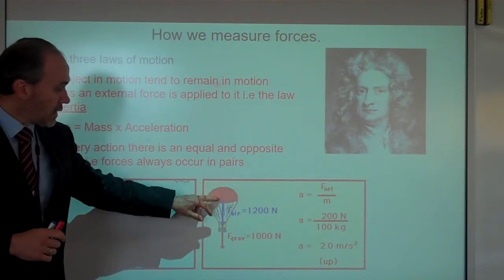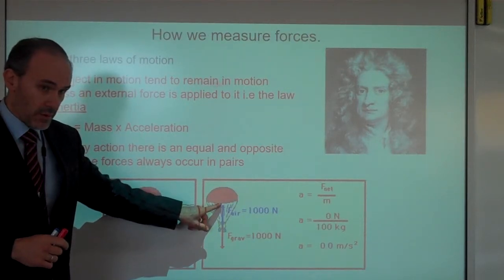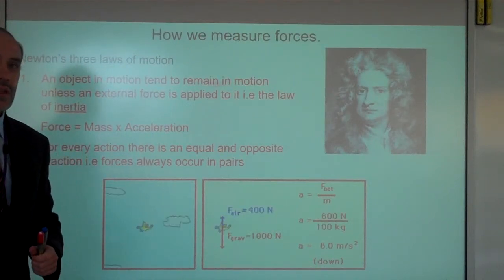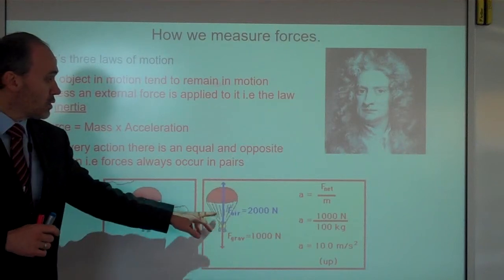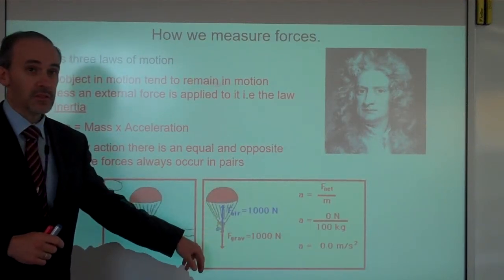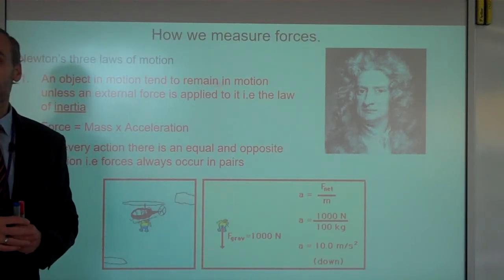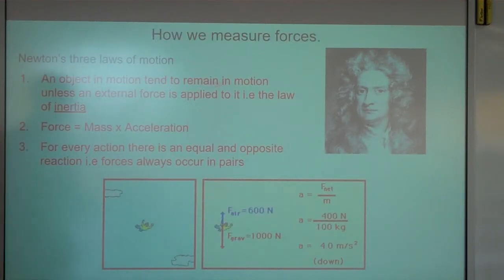If this arrow was larger, so there's a bit of an error there, it would actually mean his motion would be upwards, and that could happen if there was wind blowing from below to rise him up. But in terms of a parachute, you want to have force of gravity, maybe 1,000 newtons, and the slowing power of the parachute at maybe 990 newtons, so you're coming down at a very slow, very gentle rate.